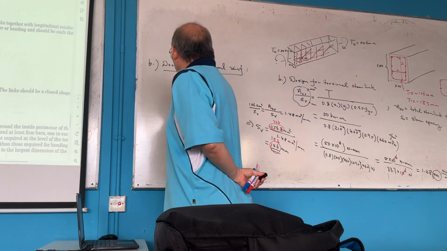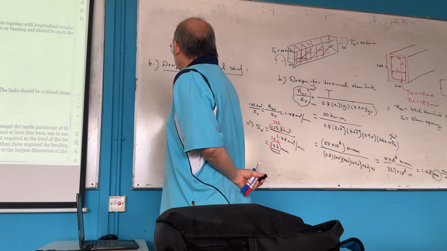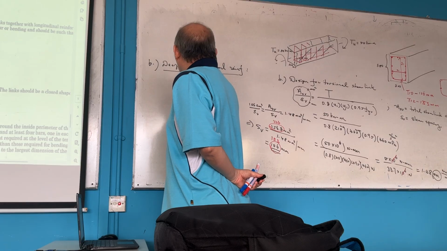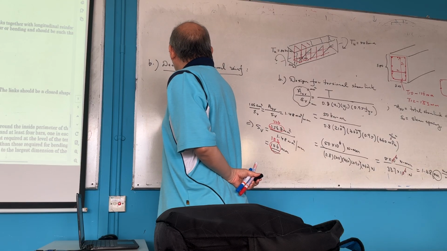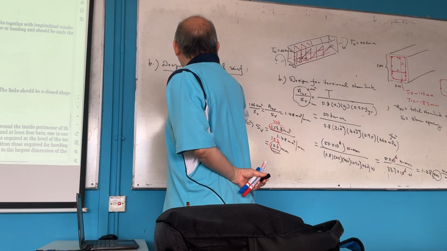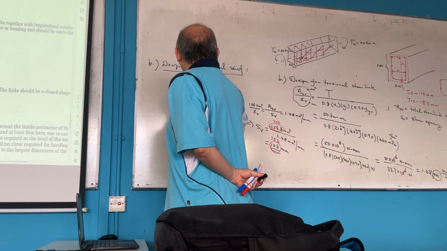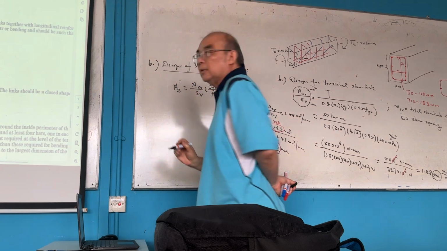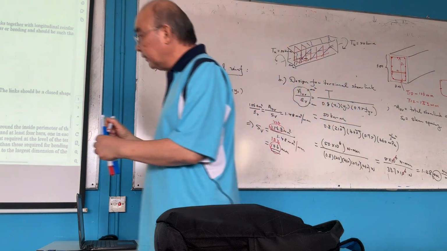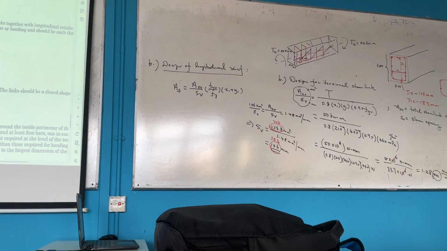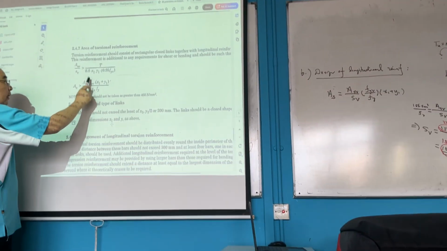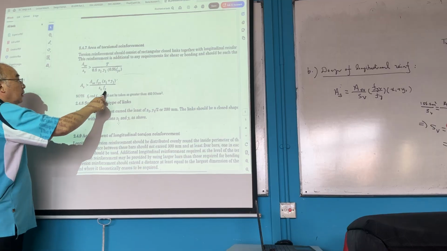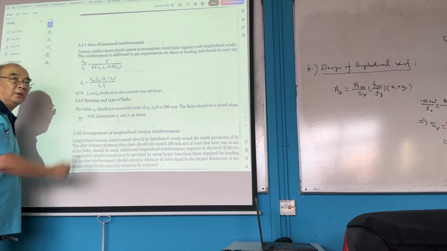So here we have As equal to ASV over SV, FYV over FY, and X1 plus Y1. Understand? ASV over SV, FYV over FY, X1 plus Y1.